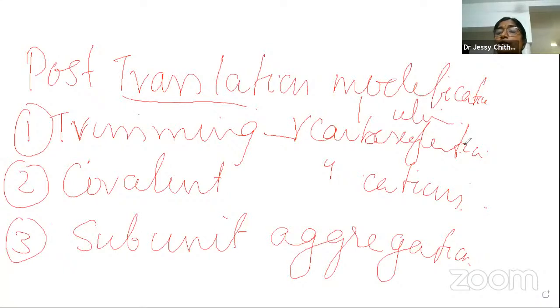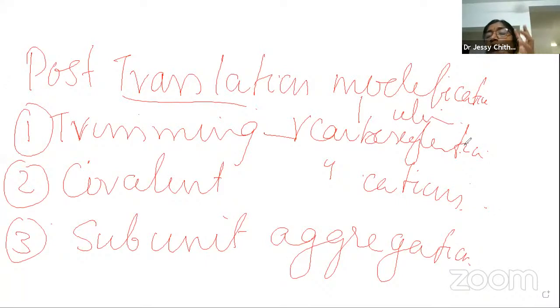Glycogen synthase and glycogen phosphorylase undergo phosphorylation, making them active or inactive. Glycogen phosphorylase in the phosphorylated form is active, whereas glycogen synthase in the dephosphorylated form is active.